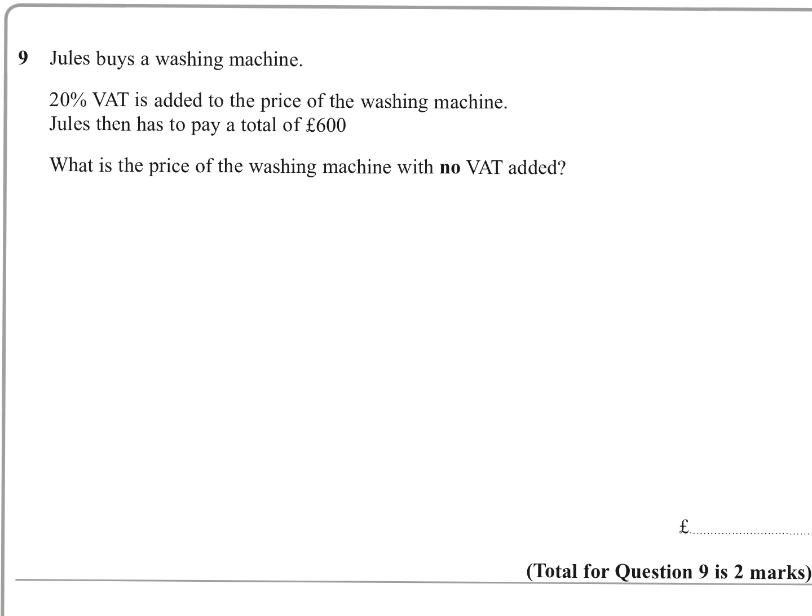Question 9. Jules buys a washing machine. It says that 20% VAT is added to the price of the washing machine, and then Jules had to pay a total of 600. So we know that 600 was paid in the end. We can have our little picture of a washing machine here, and we know that 20% VAT was added.